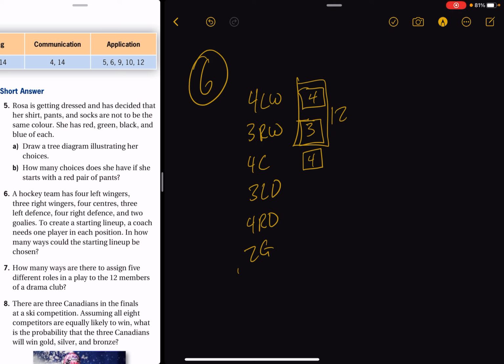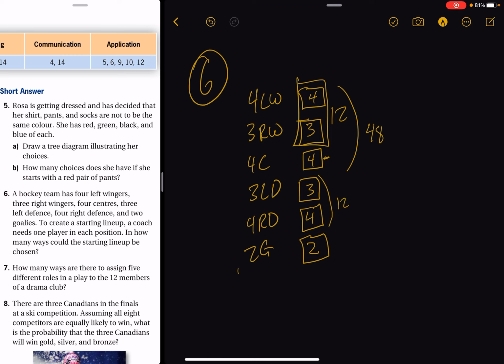For every 12 of these combinations, I have 4 centers. So 12 times 4 equals 48. I have 3 left defense, so 48 times 3. And I have 4 choices here and 2 choices there. So you multiply all of these, right?